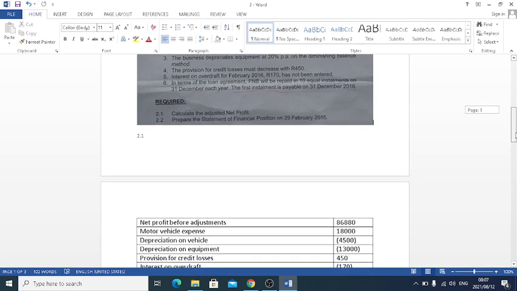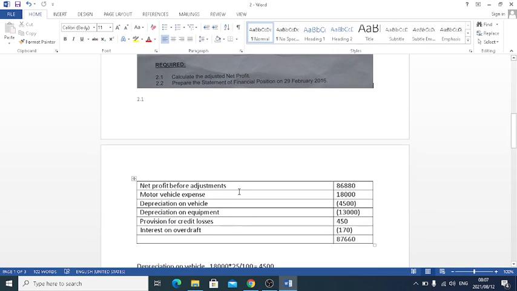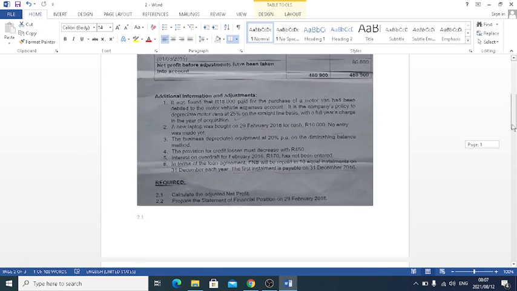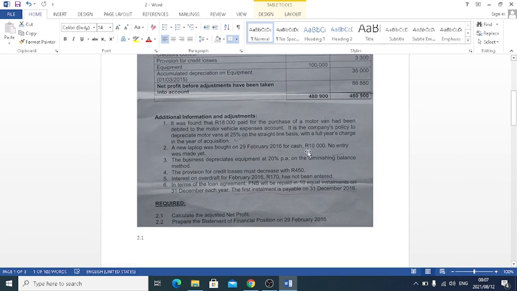So we're going to start our 2.1 by putting our net profit before adjustment as 86880. Transaction number 1, now we're taking into account the adjustment. They say it was found that 18,000 paid for the purchase of the motor van had been debited to the motor vehicle expense account.